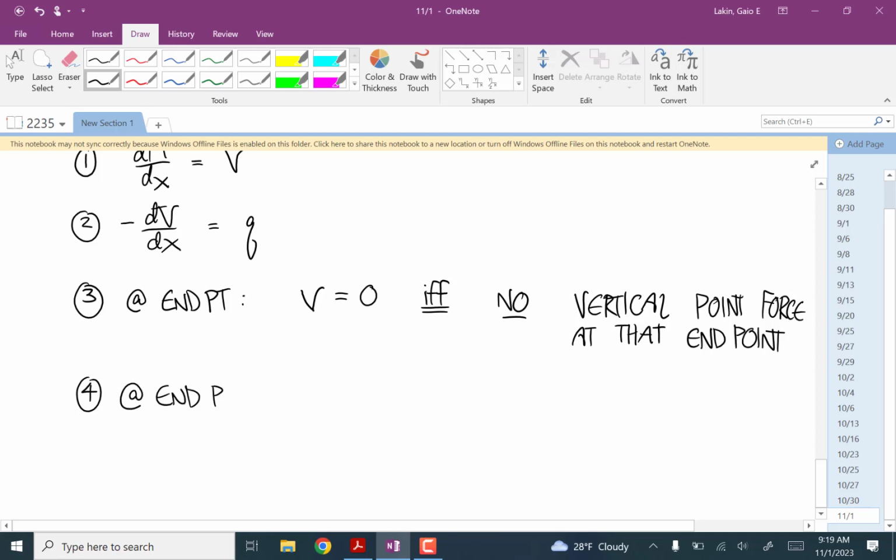Okay, maybe you can guess the other two. At the endpoint, the tension is equal to 0 if and only if, what do you think? No horizontal point force, yep.